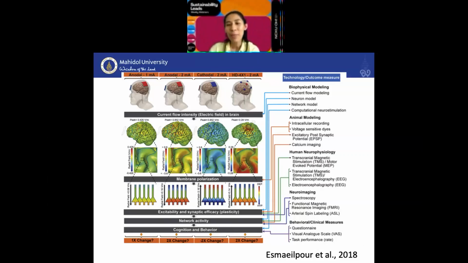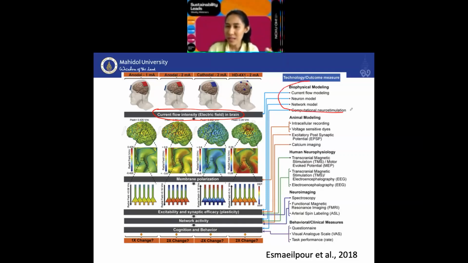You see, when you apply the electrode over the cortex, you will find the current flow intensity or electric field in the brain first. But this one you can measure with a modeling study, current flow modeling, or computational neurostimulation.